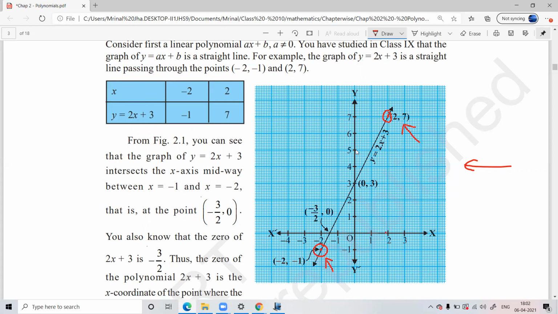So on the x-axis, it is passing through this point over here. And what is the coordinate? They have mentioned that it's -3/2. So if it is -3/2, then what is the 0 of this polynomial? Of course, the 0 of this polynomial is -3/2. Everybody agrees with this?